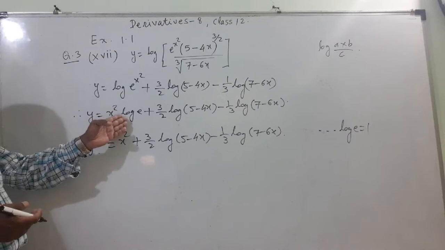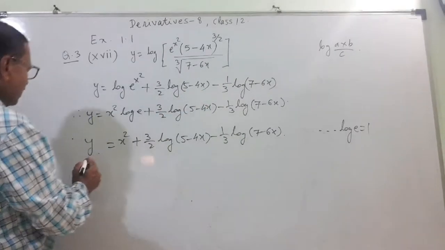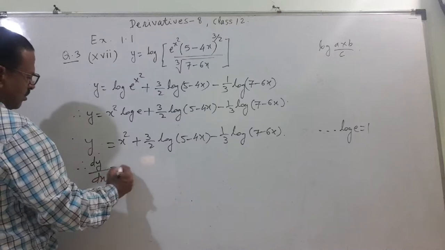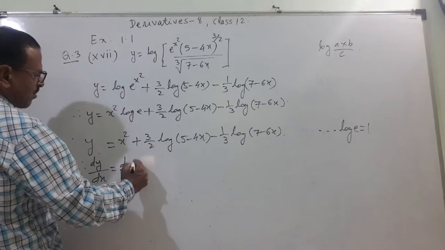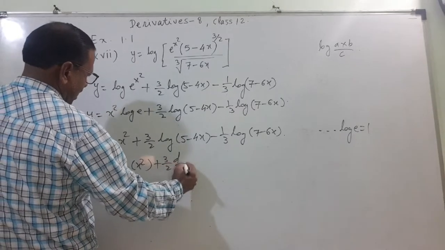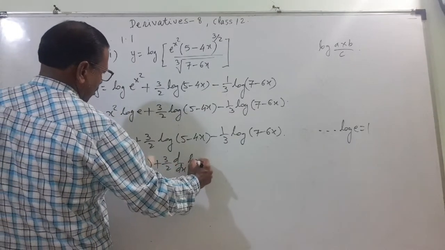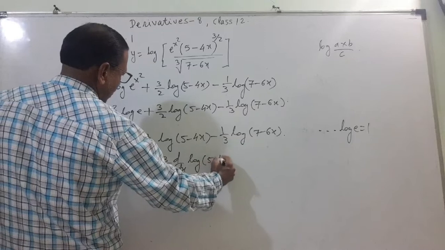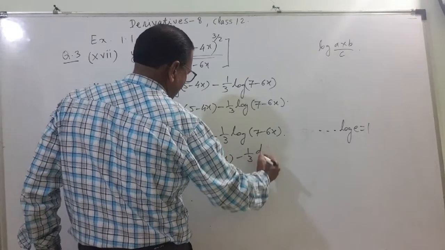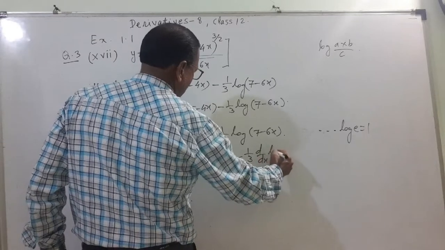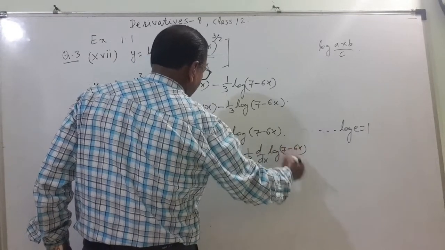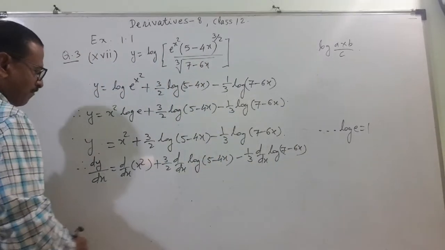This I have simplified, log of e, the value is 1. Now I will take the derivative, dy by dx is equal to d by dx of x square plus 3 upon 2 d by dx of log of 5 minus 4x minus 1 upon 3 d by dx of log of 7 minus 6x. This is comparatively the easy sum.